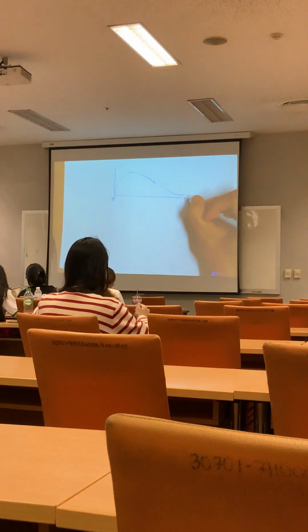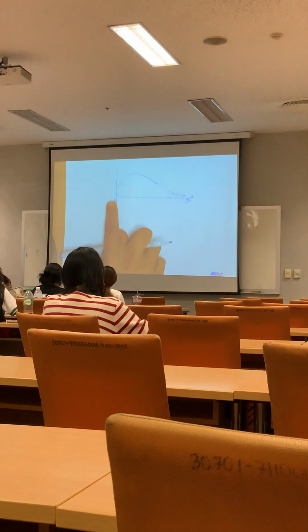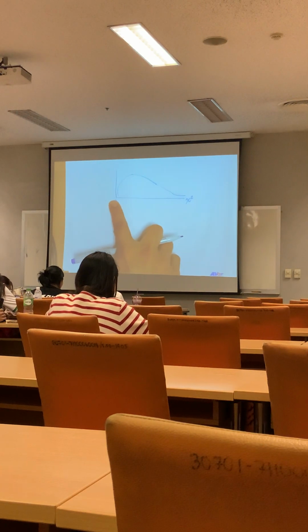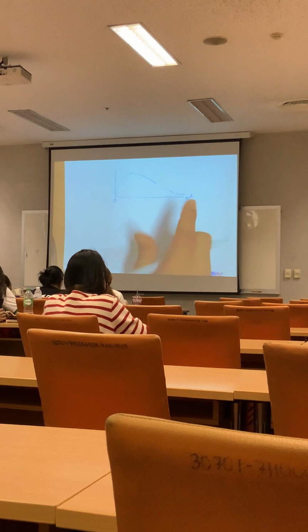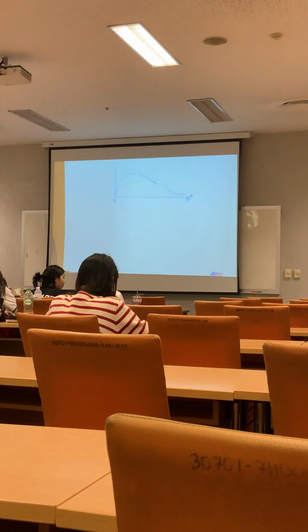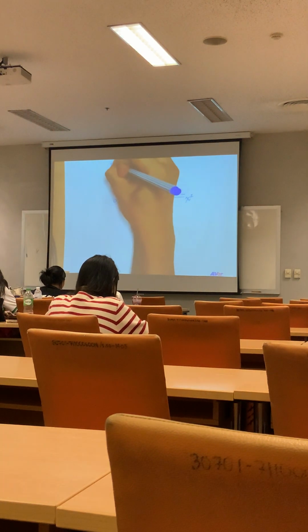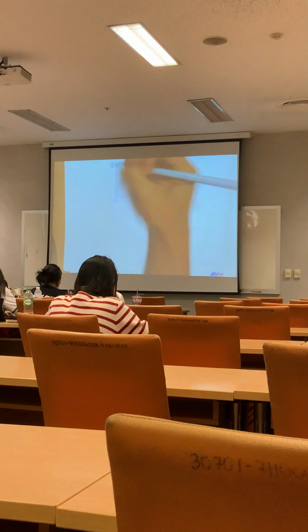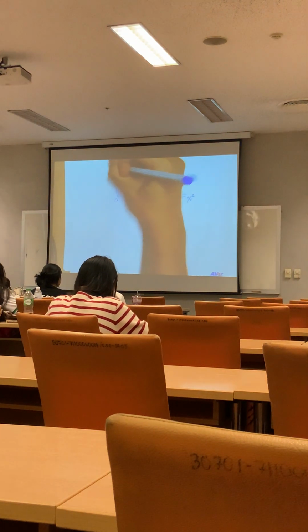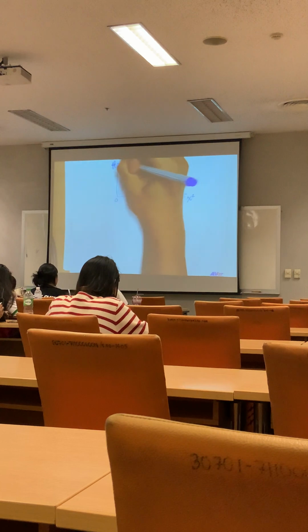So the chi-square is on the horizontal axis, the value of the chi-square, and the vertical axis will be the probability of that chi-square, the function f.